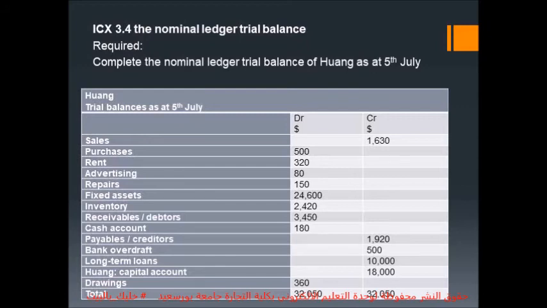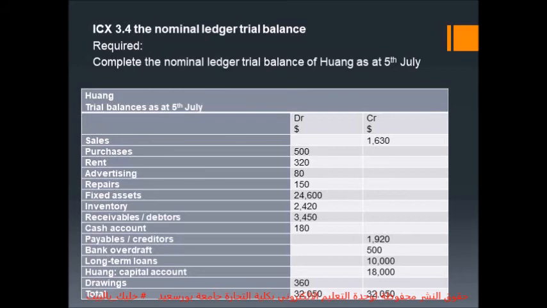And then liabilities, which are payables or creditors, bank overdraft, long-term loans. As we said before, liabilities have a normal credit balance. Then we put owner's equity, which is H capital account, and the owner's equity has a normal credit balance.